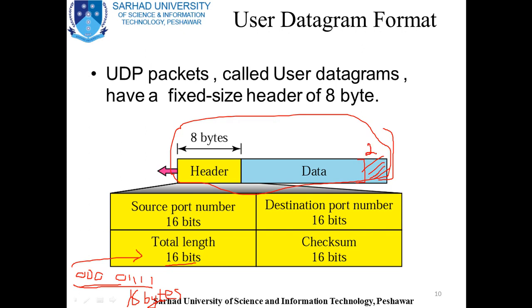So how will the receiver know, when it is receiving only 14 bytes, that the transmitter actually sent 16 bytes instead of 14? The receiver will think that the transmitter has sent 14 bytes, but the transmitter has sent 16 bytes.